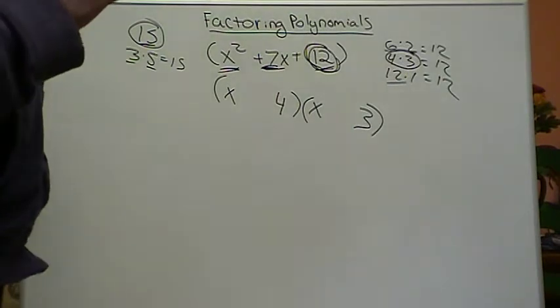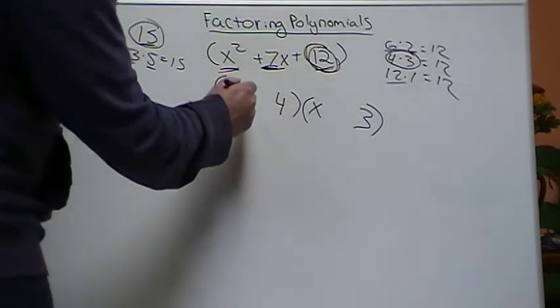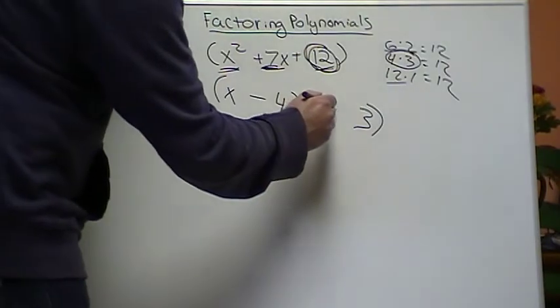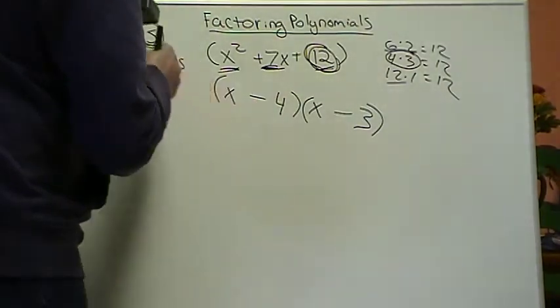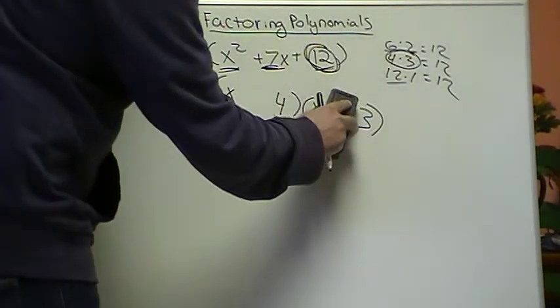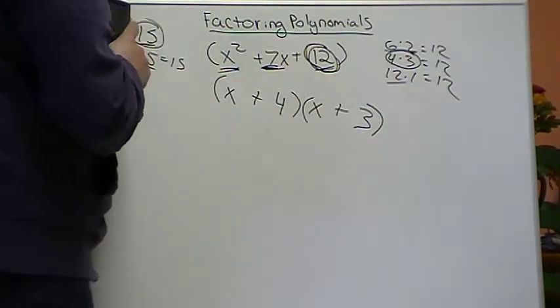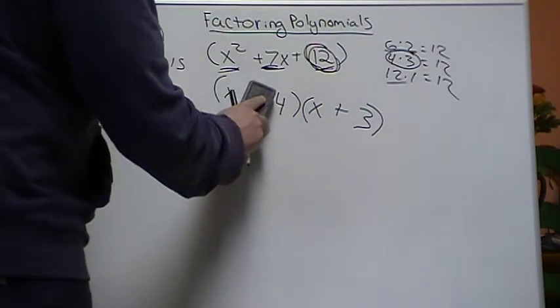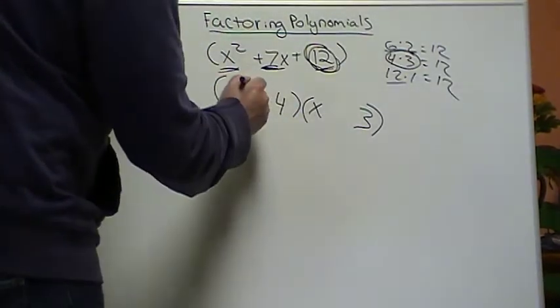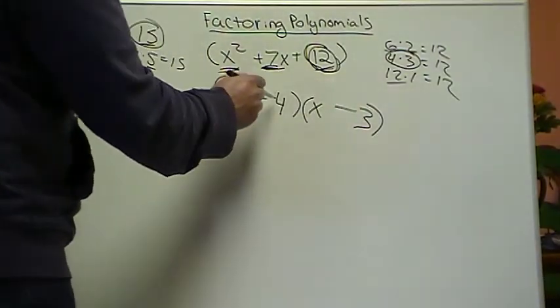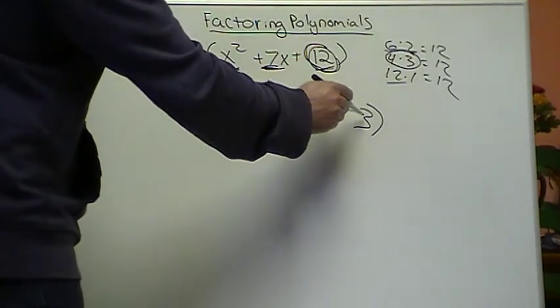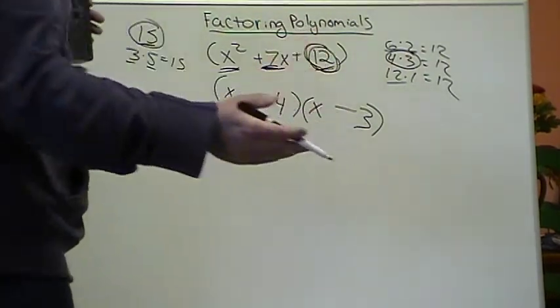So we need to select between, is this going to be a minus, minus, or is it going to be a positive, positive? Let's try the minus, minus first real quick. That obviously, negative 4 times a negative 3 is going to give me a positive 12, so that works.